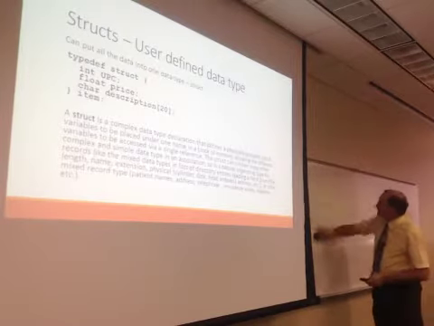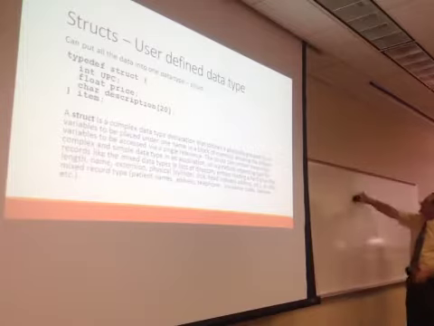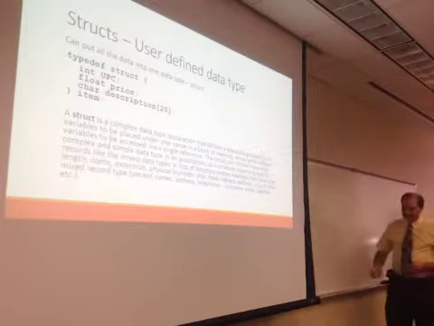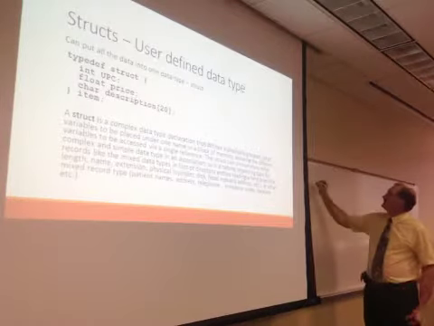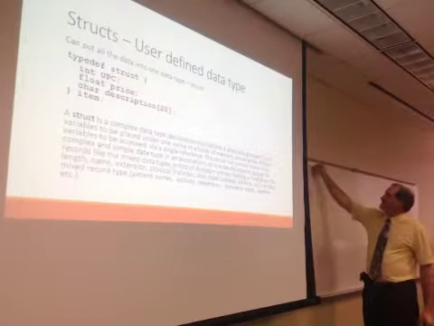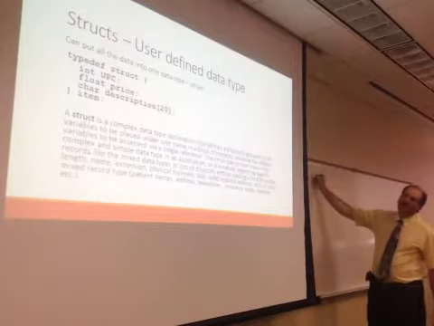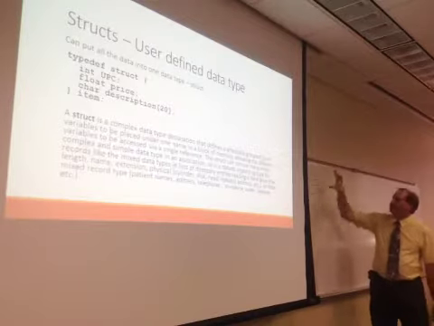So instead of UPC over here, price over here, the quantity over here, and description over here, we have one block for an item which has this UPC, this price, this description, this quantity, whatever, all right there.